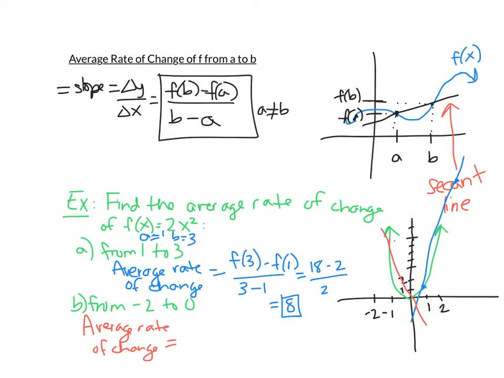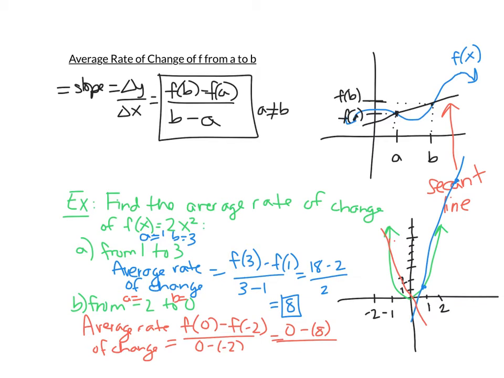So my average rate of change here is: my a is -2, my b is 0. So I'm going to have f of 0 minus f of -2 over 0 minus -2. f of 0, if you look at our function, ends up being 0. f of -2 ends up being positive 8, because the -2 is squared.